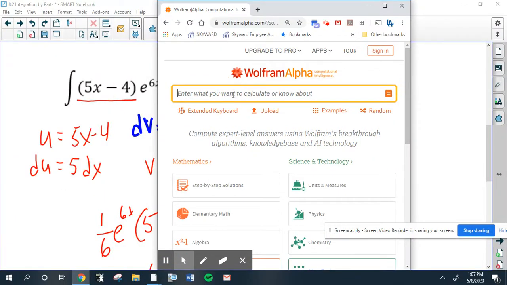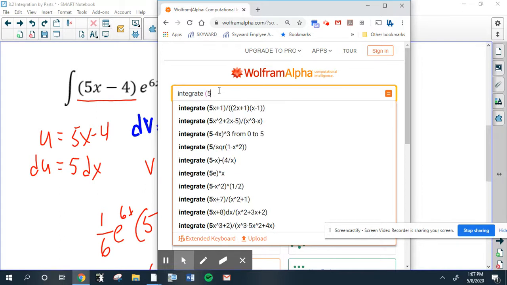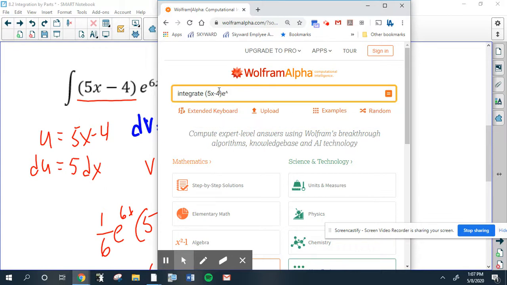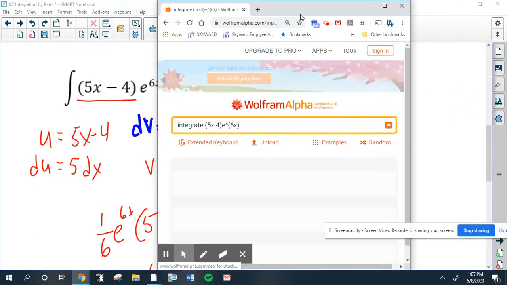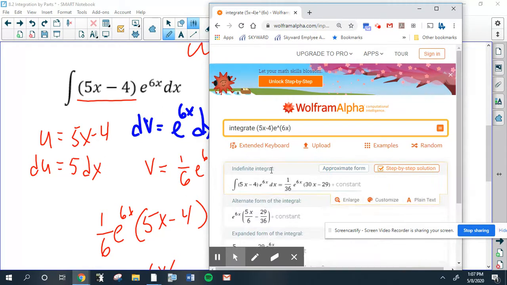So I'm going to write integrate 5x minus 4 times e to the 6x. Careful, there are a lot of parentheses I'm using there, so let's make sure they interpreted it right.